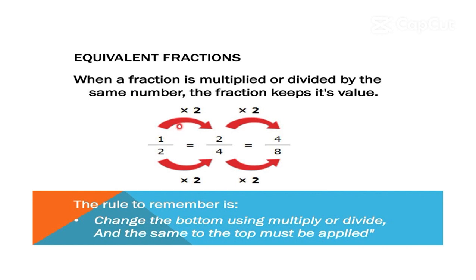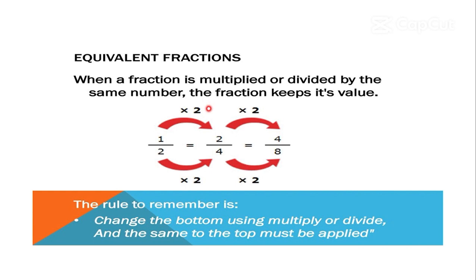If we multiply our numerator by 2, our denominator must be multiplied by 2 as well. For example, we need to find the equivalent fractions of 1/2. We are tasked here to multiply it by 2. Or maybe you want to multiply it by 3, 4, 5, etc. But for now, let's multiply it by 2. 1 times 2 is 2.